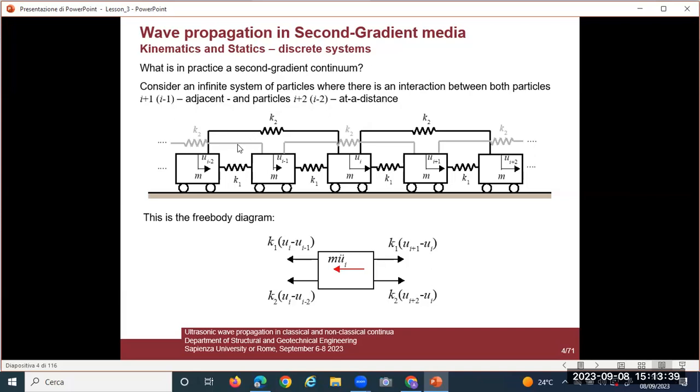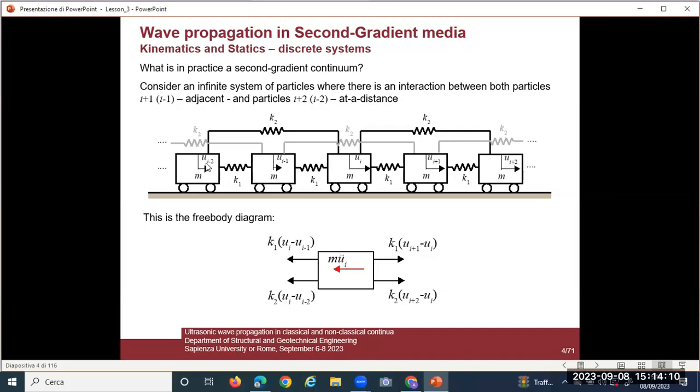But there is also an interaction between particle i+2 and i-2. So you see that the ith oscillator is connected by a spring, whose stiffness I have called K2, to the oscillators i+2 and i-2.